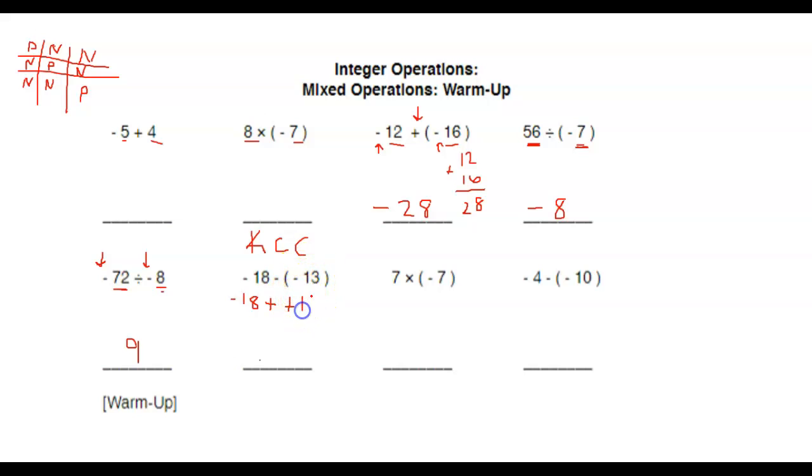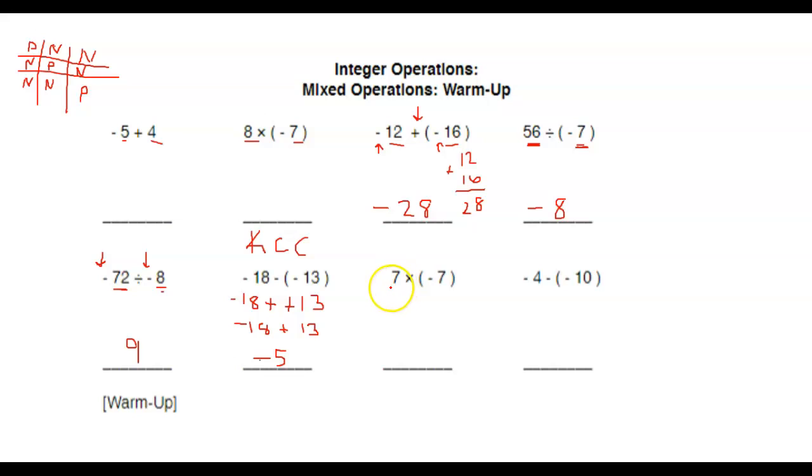So that negative 13 will turn into a positive 13. So what this is saying is negative 18 plus 13. And now I know my rules here. The signs are different, so I'm subtracting these numbers. I'm taking 18 minus 13, which I know the answer is 5. I am going to keep the negative because 18 is the bigger number. Look at that. How cool is that?